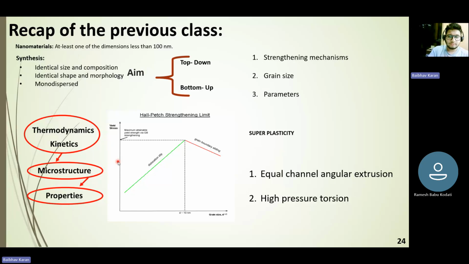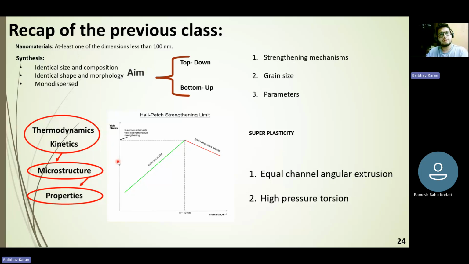When the grain size of the material increases, the strength decreases because they're inversely proportional. When the grain size of the material is smaller, the yield strength increases. This is known as strengthening due to grain refinement. But this is valid up to a limit, that is 1 micron, and above 1 micron it is valid.